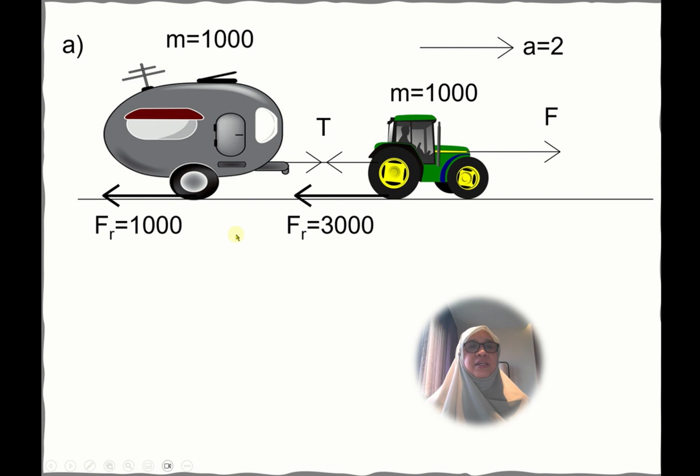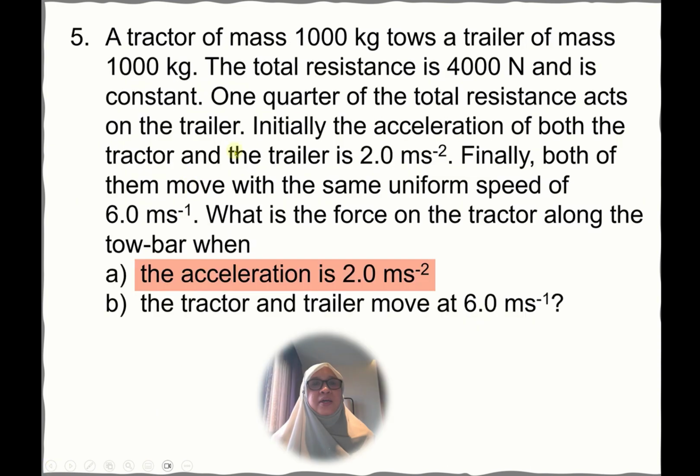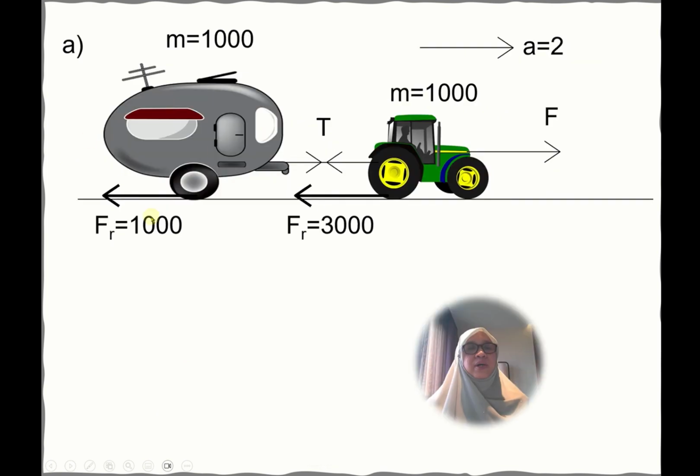Okay, then the friction given is 4000 total resistance. So 1/4 is for the trailer. Okay, look at the question back. So here 1/4 of the total resistance acts on the trailer. So total 4000 Newton. So therefore 1000 friction for this trailer, and then for the tractor the remainder will be 3000.